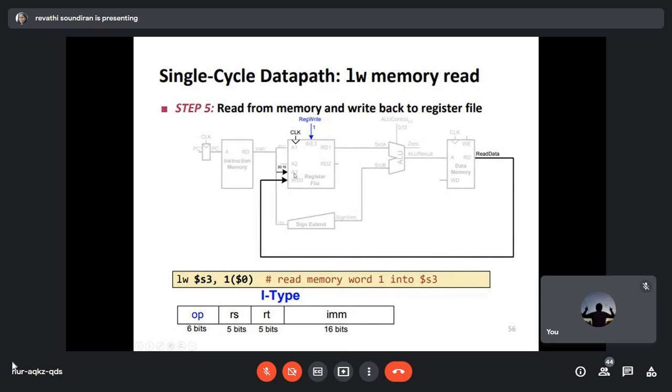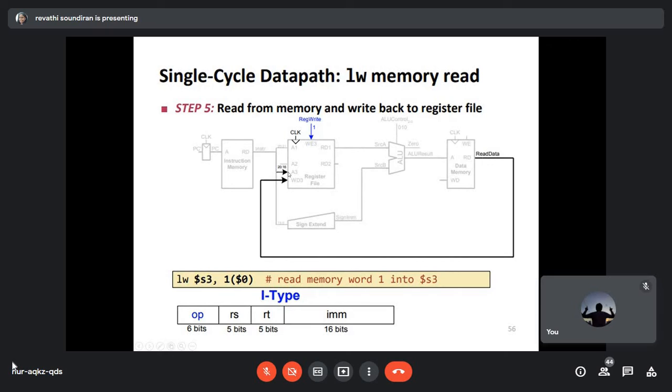So it is stored in A3: the result is stored as write data in A3, writing the data in this register. Now we have loaded the word from memory into the destination register.